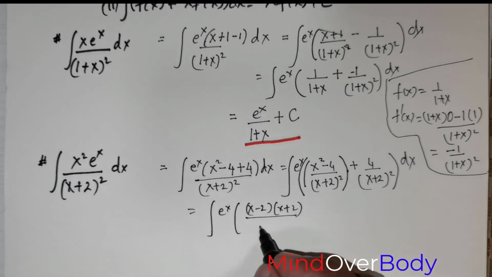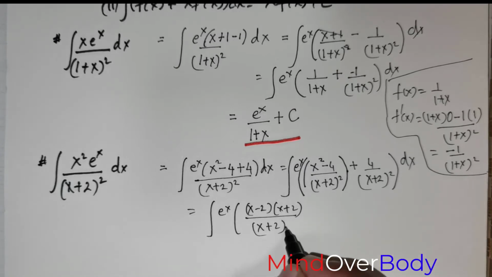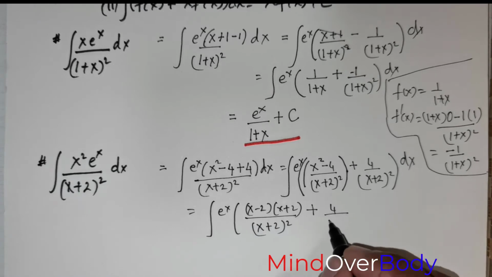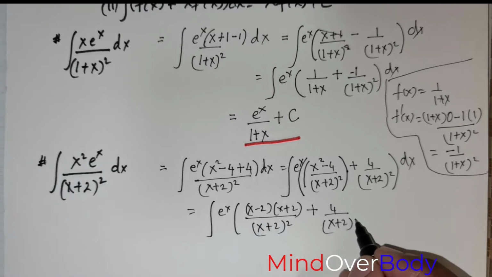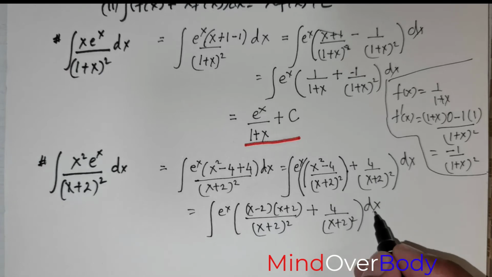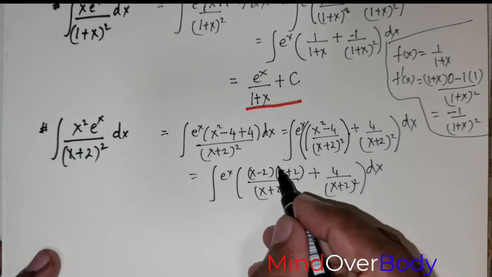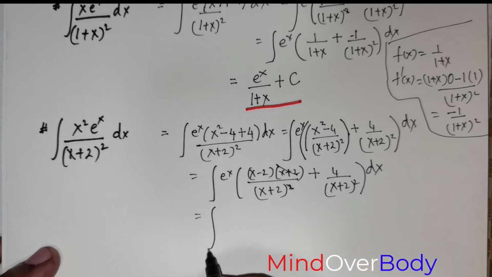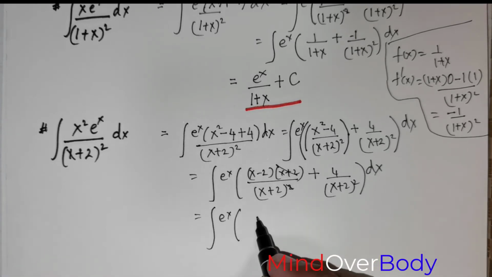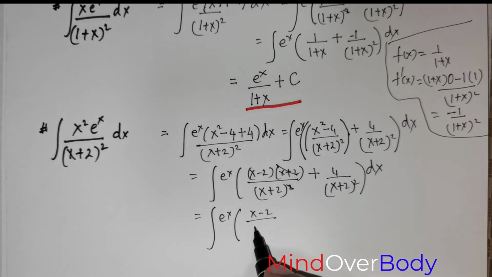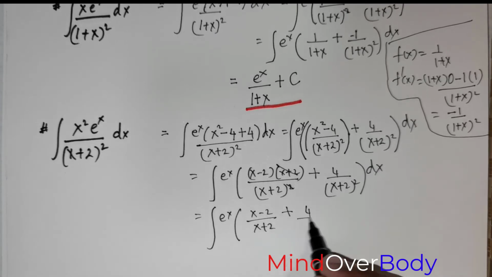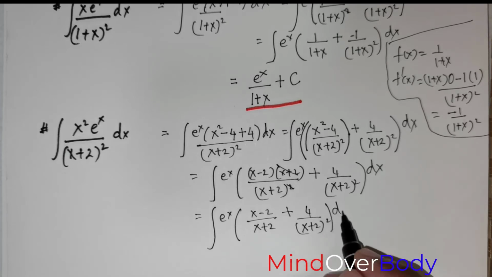Of course you have this denominator (x plus 2) raised to the power of 2 followed by 4 over (x plus 2) raised to the power of 2 and the differential operator dx. Now clearly (x plus 2) and (x plus 2) can be cancelled, so that would give me integral e raised to the power of x of (x minus 2) divided by (x plus 2) plus 4 over (x plus 2) raised to the power of 2 and dx.